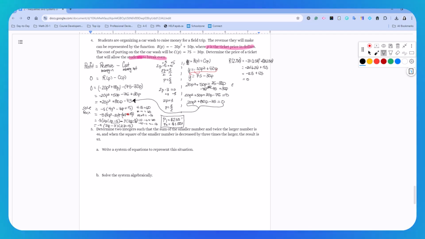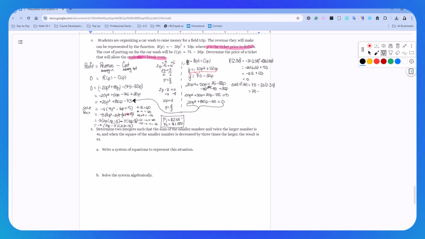So what would the cost be? Let's check it out. The cost is 75 minus 30 times 250. So this is going to be 75.